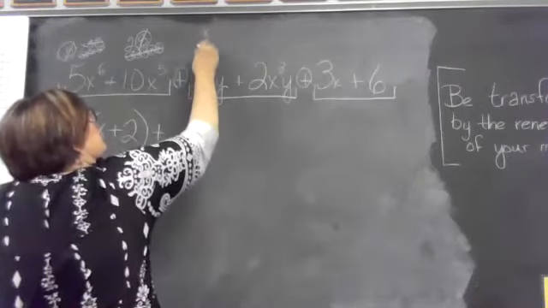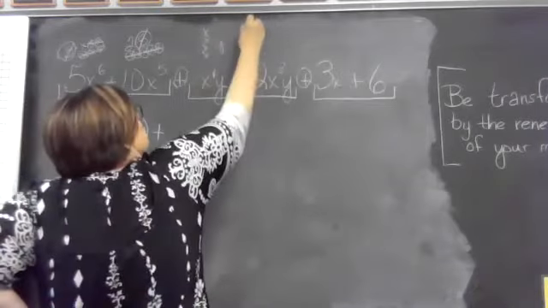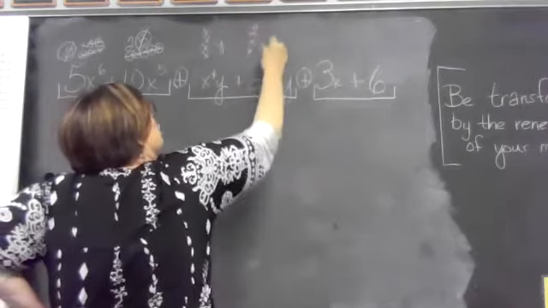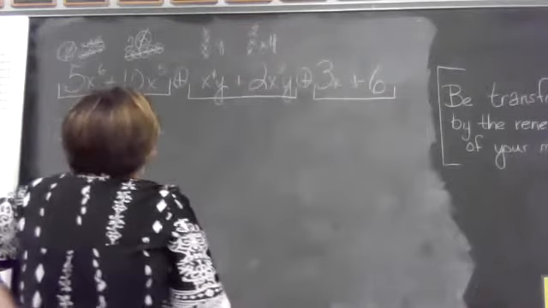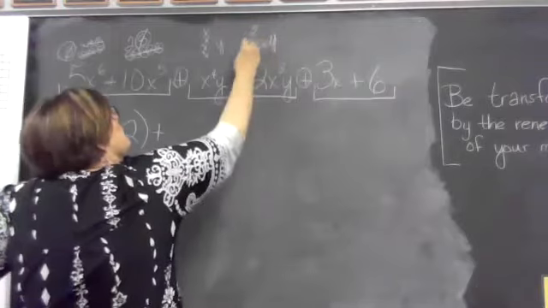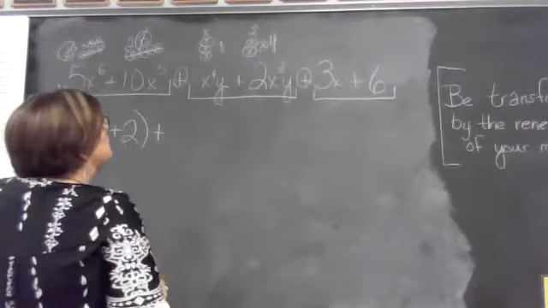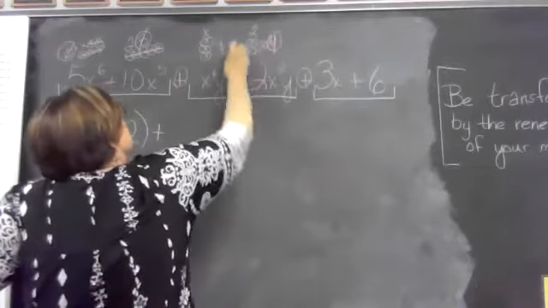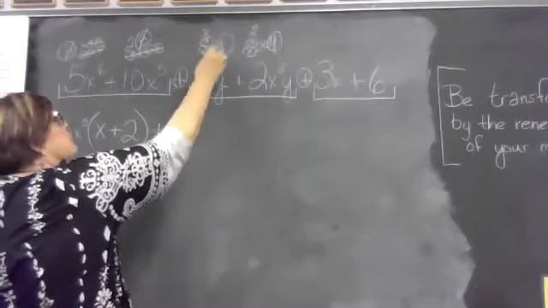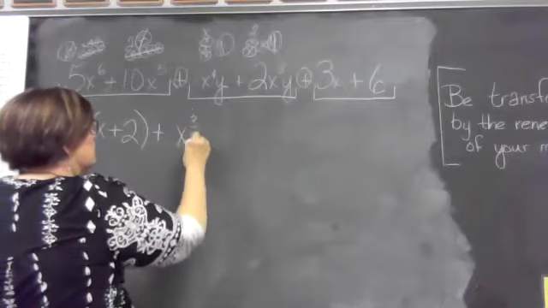Again, 1, 2, 3, 4, and a y. Okay, this is 2 and an x, x, x, and a y. I need the common terms here. There are 3 of them here that match 3 here, and the y. So I've got an x cubed y that is my greatest common factor.